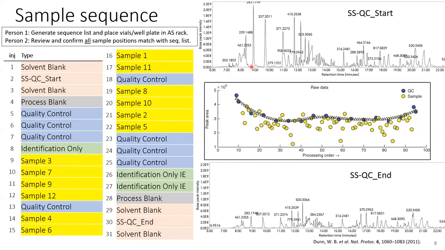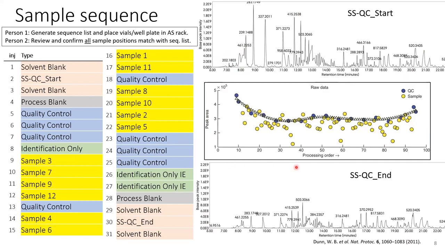This is an example up here of a system suitability test we did in the beginning of the analytical sequence. A very nice and beautiful chromatogram with a lot of peaks, and this is what happened in the end. So this does not look so good.